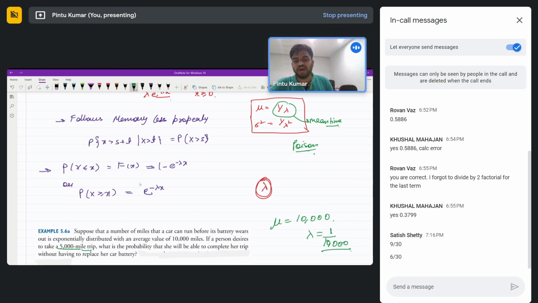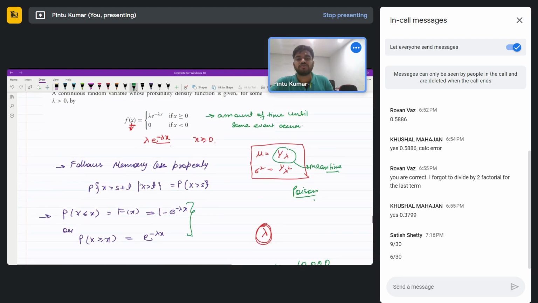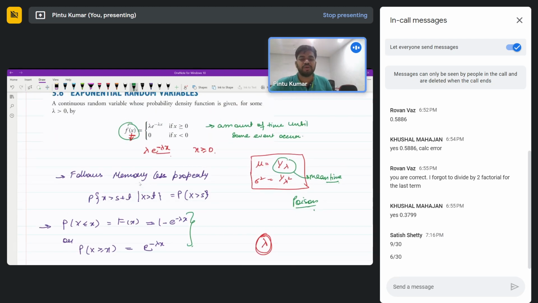Here are two formulas that we will use for this. Based on this, people have integrated: the probability that x is less than x is nothing but the integration from 0 to x of lambda e to the power minus lambda x, and if you integrate it, you will get this value.